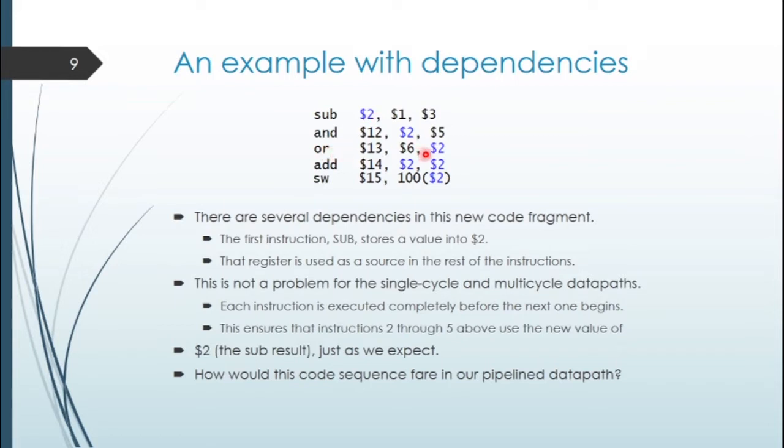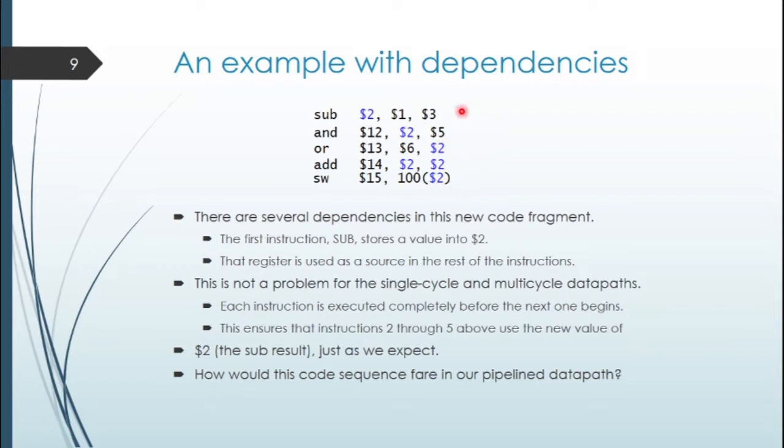Similarly, for the third instruction, the source is register 2, again the destination of the first instruction. The fourth instruction also has register 2 as a source, and the fifth instruction also depends on the first instruction, which has register 2 as destination. So these are all the dependencies.